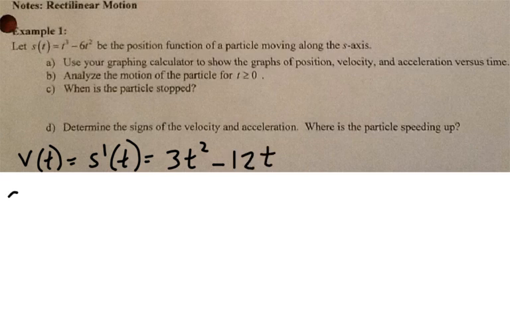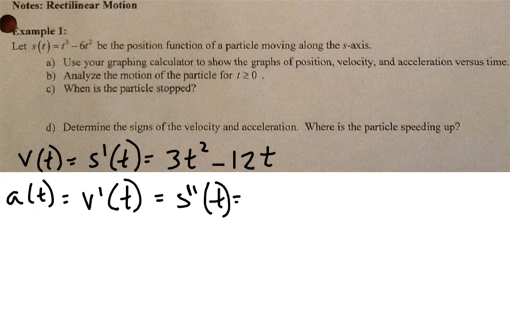We need the acceleration function, which is the first derivative of the velocity, which is the same thing as the second derivative of the position function. And so I'm taking the derivative of this one that I just got for velocity. That'll give me 6t minus 12.